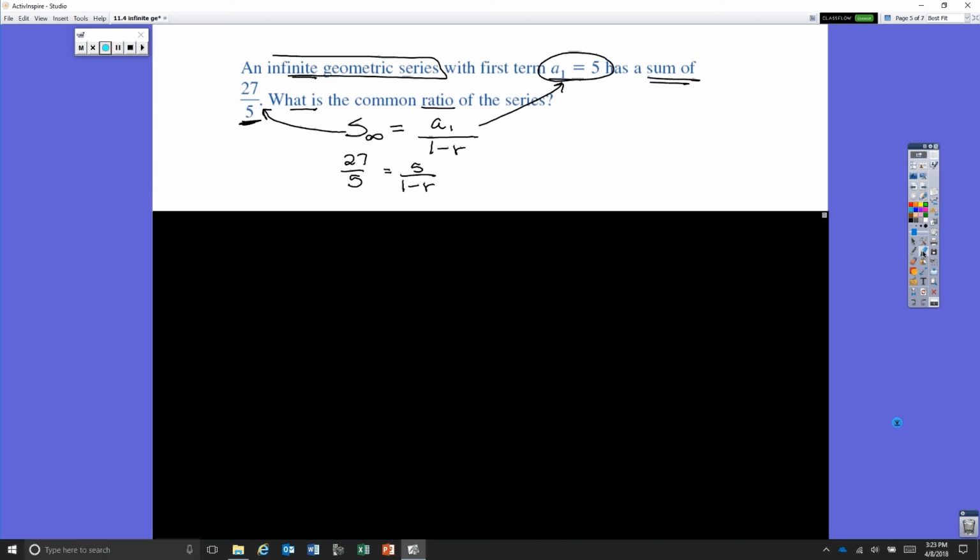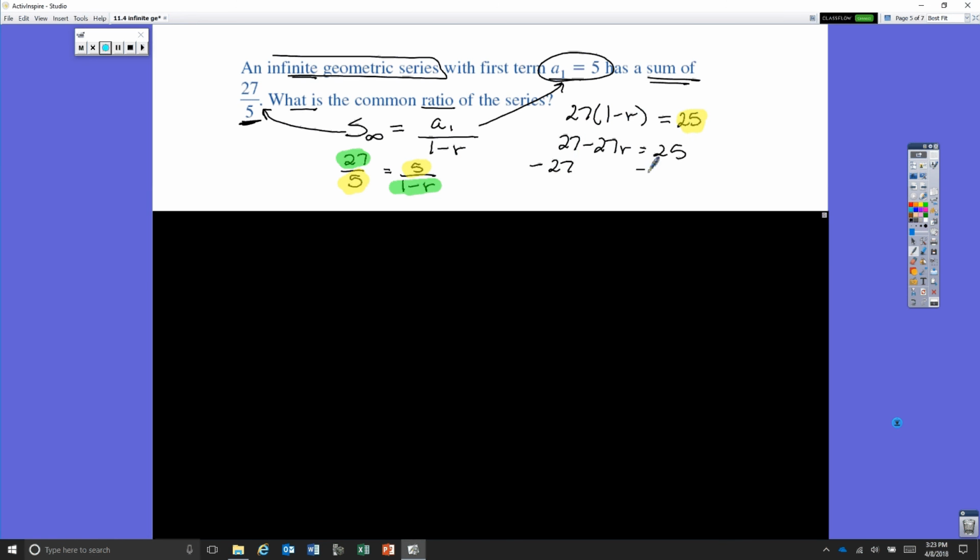So here, I'm going to do my cross products. 27 times 1 minus r will equal my other cross product, 5 times 5, which is 25. Distribute. 27 minus 27r equals 25.